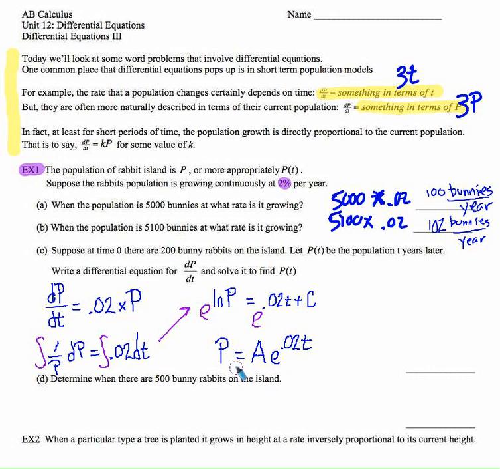The next step is to then take the known value. We know that at time 0, so we're going to plug in 0 right here, we have 200 bunnies, that our population is 200.